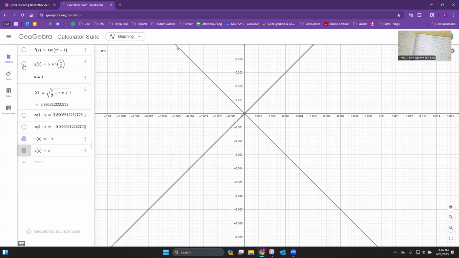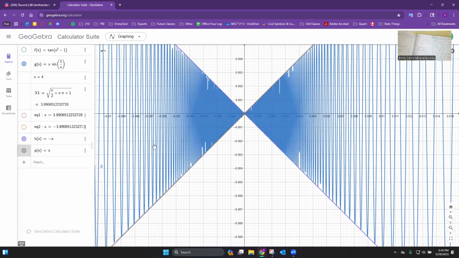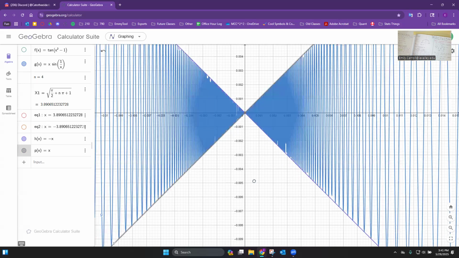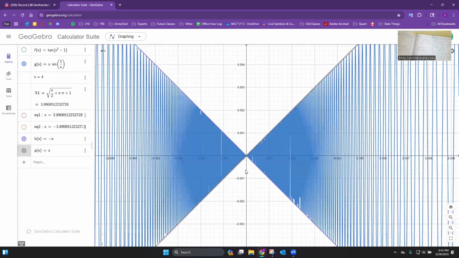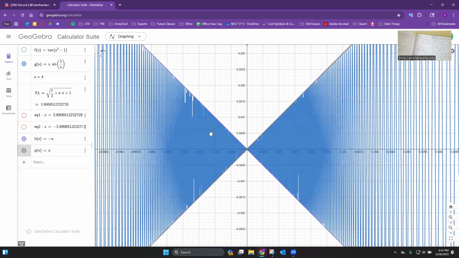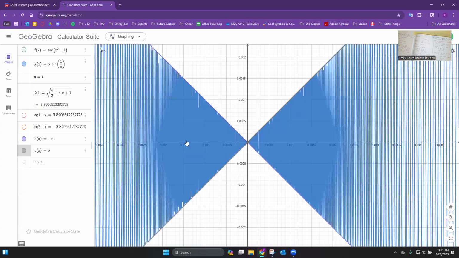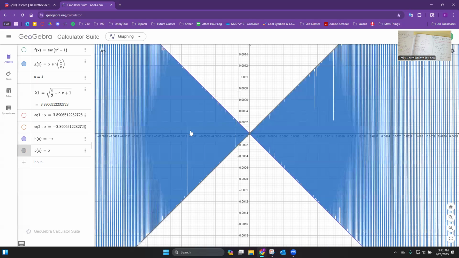Right? See how it's always in between those two numbers. And so, as we zoom in closer and closer, we can see that our function, this blue squiggly stuff, is squeezed in between negative x and positive x, which both go to 0. Very nice application of the squeeze theorem there.